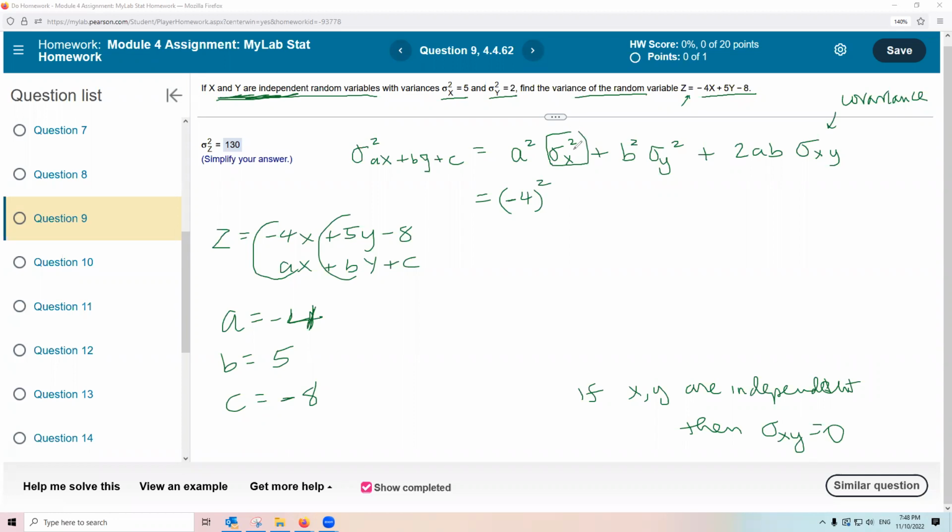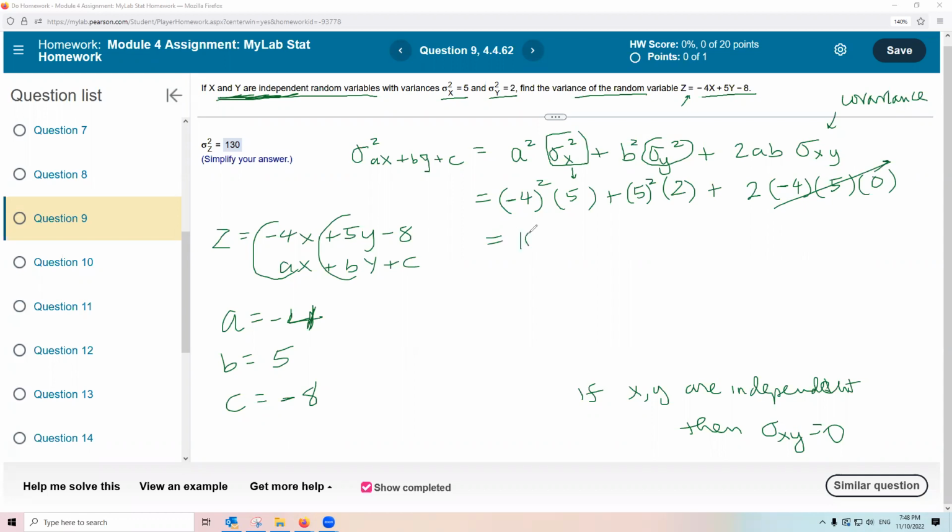The variance of x that was given to us is 5 in the problem. All right, what about b squared? Our b number was 5, so that's 5 squared. The variance of y given to us in the problem is 2. Then we have 2 times a is negative 4, times b, our b is 5. The covariance is 0. So this last term, of course, drops out.